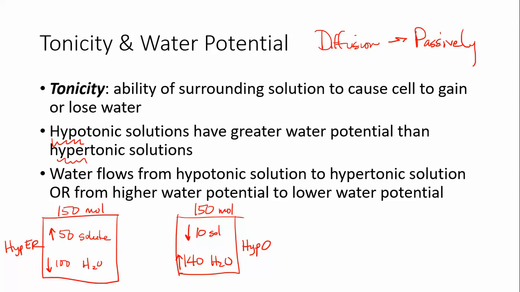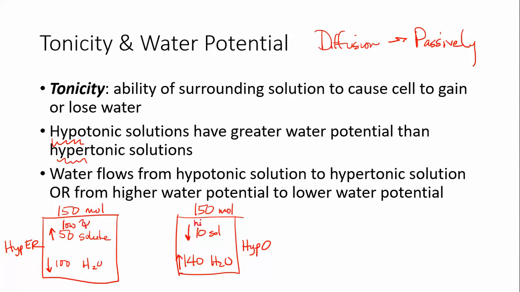Water is always going to flow from a hypotonic solution to a hypertonic solution. This also means that water flows from high water potential to low water potential. So remember, the more solute I add, the lower the water potential. So this is going to have the lowest water potential.